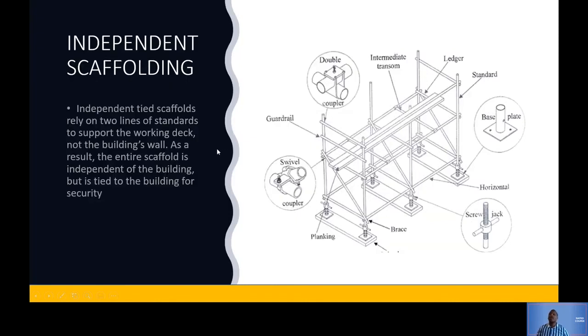All right, so let's look at the independent scaffolding now. We've got independent scaffolds. As you can see here, it's not tied to any building. It's just independent, standing on its own, but it has all the members, okay? It's got the ledgers, got the transom, it's got the standard.